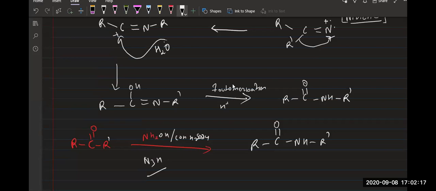Either on Sunday, we'll discuss some other reactions, like Baeyer-Villiger, Reimer-Tiemann, benzilic acid rearrangement, and all the reactions which are not covered.